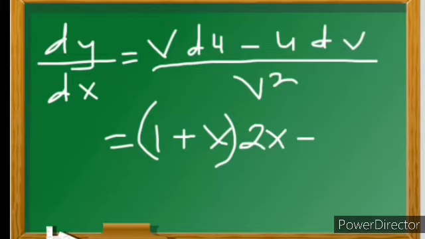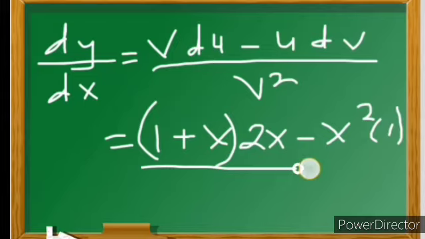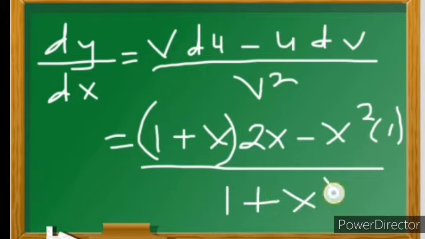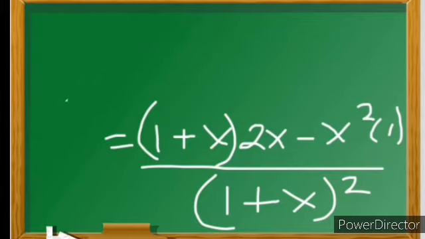We put the minus sign. u is known as x squared, while dv/dx is known as 1. Now we're going to draw the line and write v squared, which is 1 plus x in brackets, then we square it. So we have substituted all the functions into the formula for the quotient rule derivative.